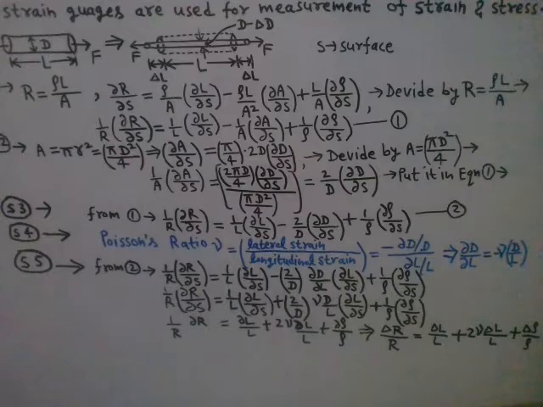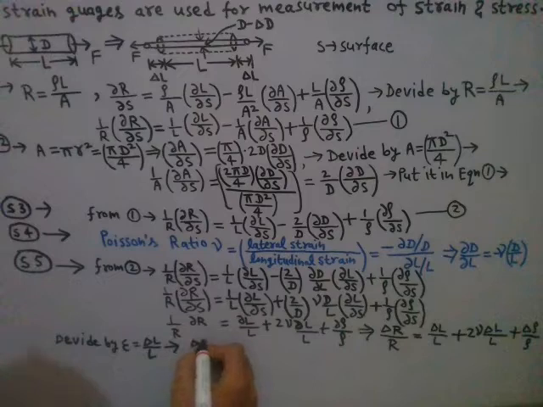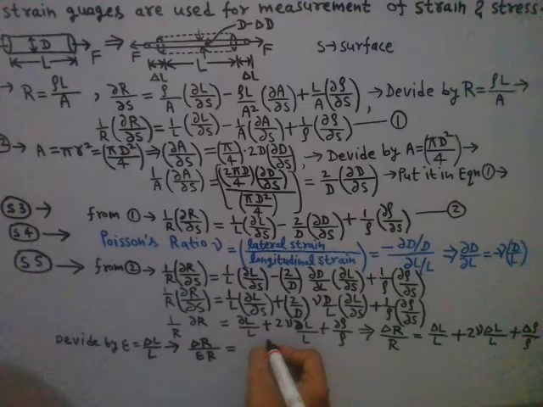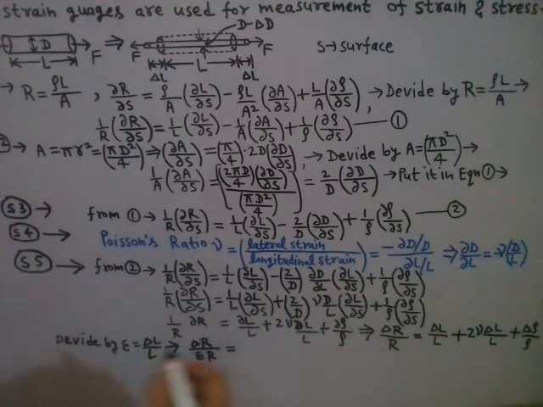So on both sides divide by epsilon, which is nothing but a strain, that is delta L by L. So you will get del R by epsilon into R is equal to, so when you divide it by epsilon, that is delta L by L, in the very first term you will get 1, right?